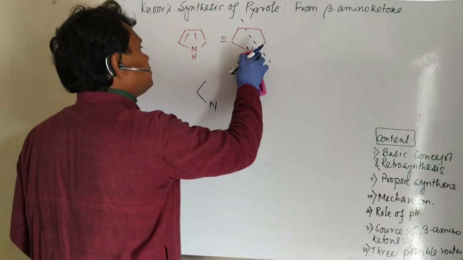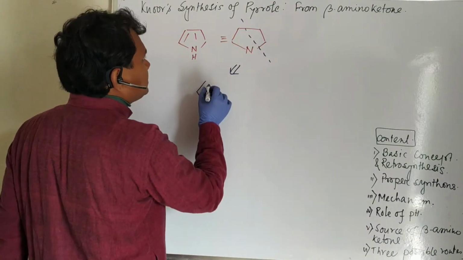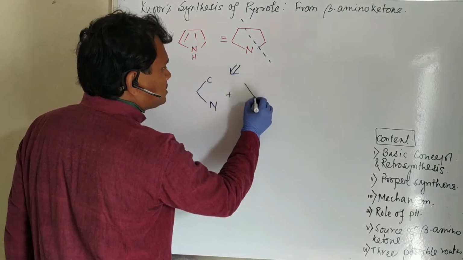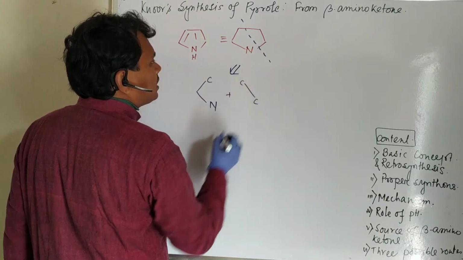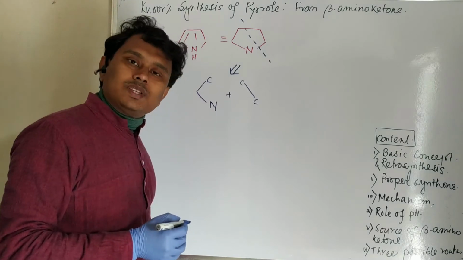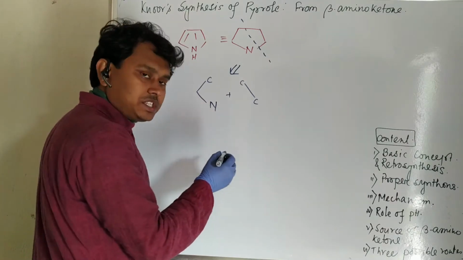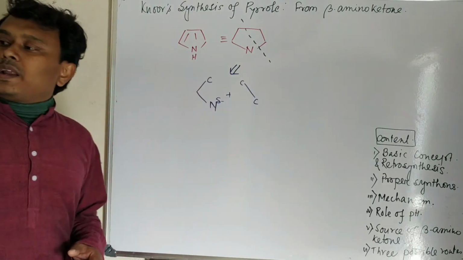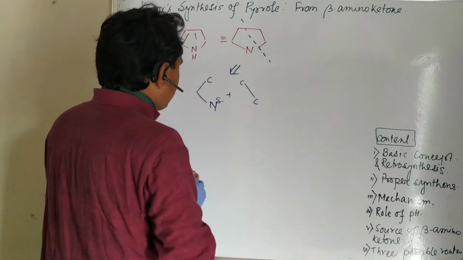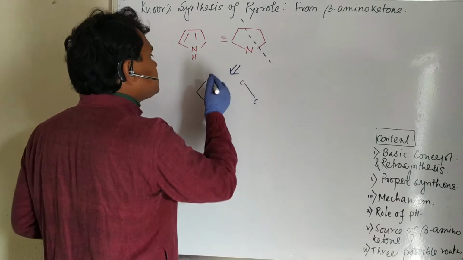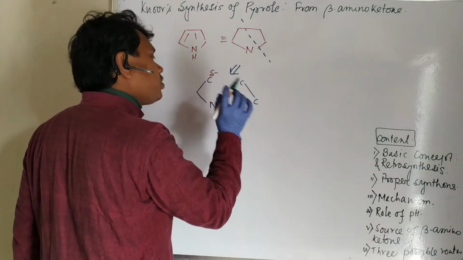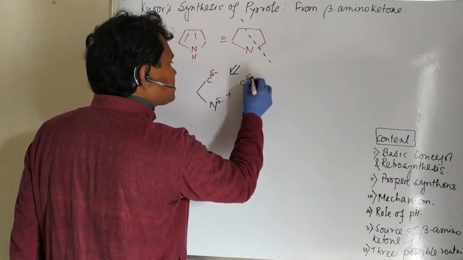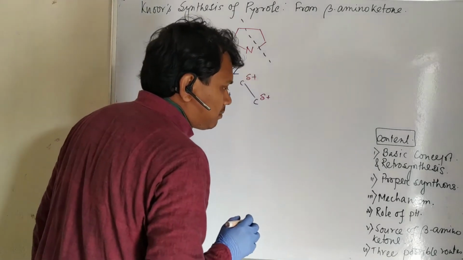We are mainly focusing on the skeleton. This is carbon and this is carbon, plus this is carbon and this is carbon. So we know nitrogen is always delta minus because it's an electronegative atom. So this is delta minus. Consequently, you can expect that the carbon atom could be delta minus or plus. So what is expected? This is delta plus, this is delta plus.